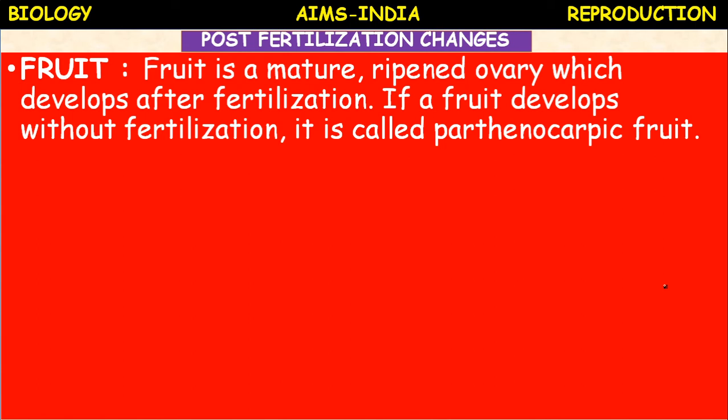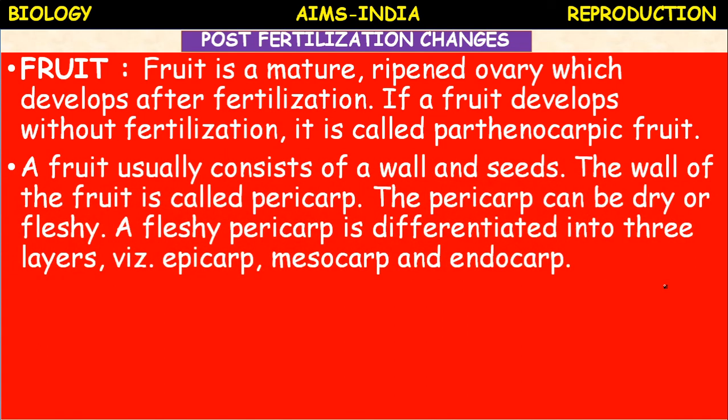So the seeds are formed inside the fruits, typically a seed consisting of a seed coat and cotyledons and an embryonal axis. A fruit usually consists of a wall and seeds. The wall of the fruit is called pericarp.